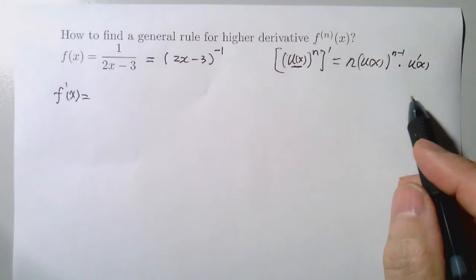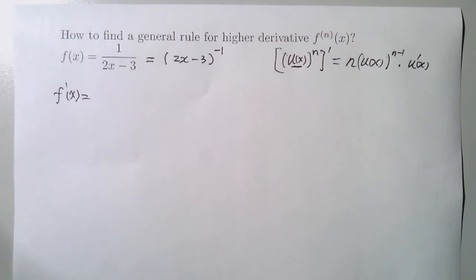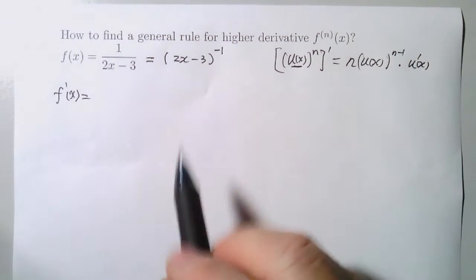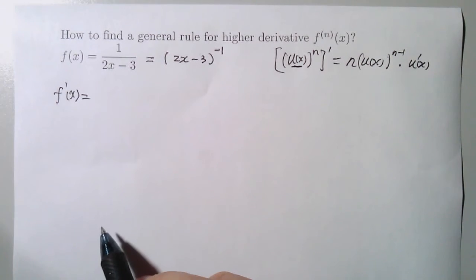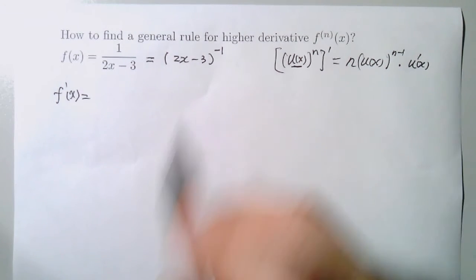For this case, u equals 2x minus 3, so n is -1.